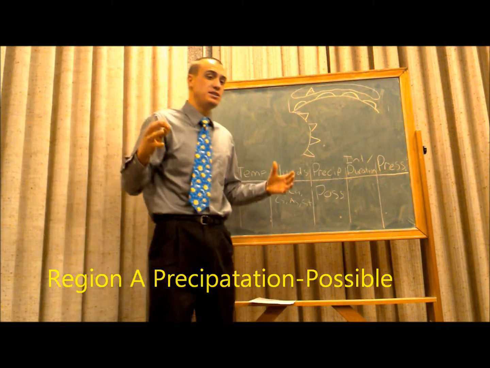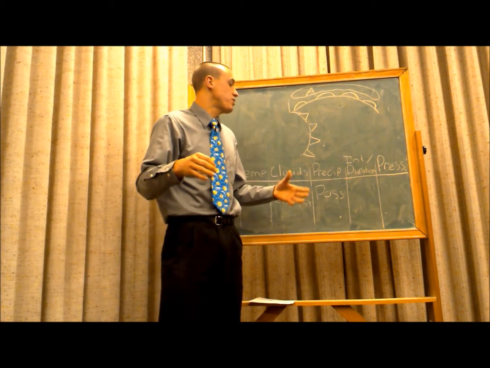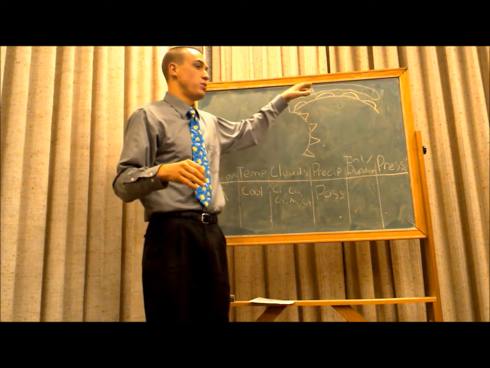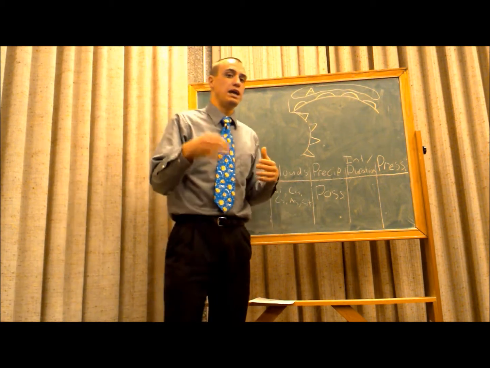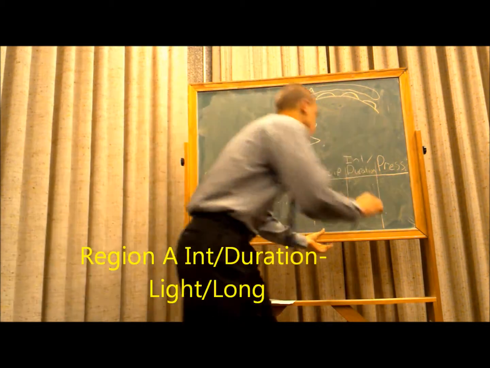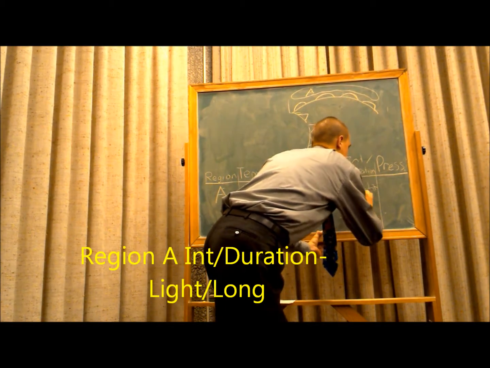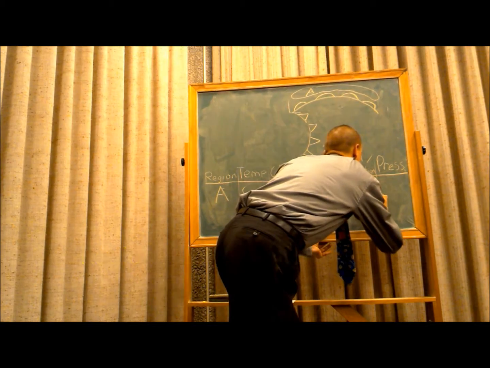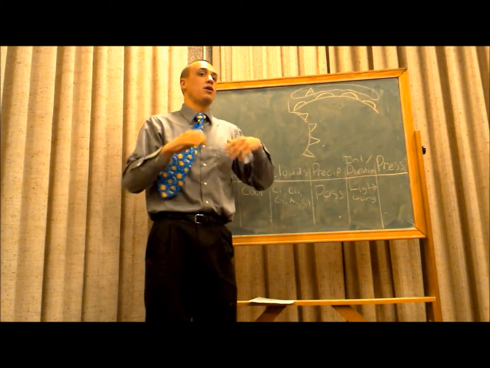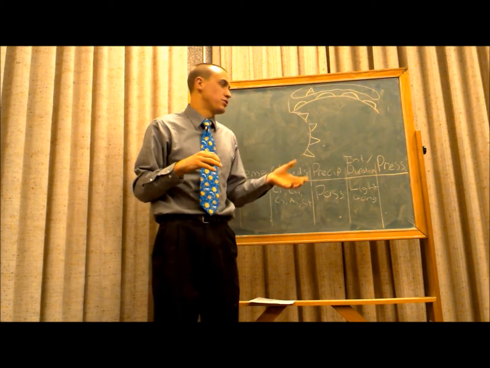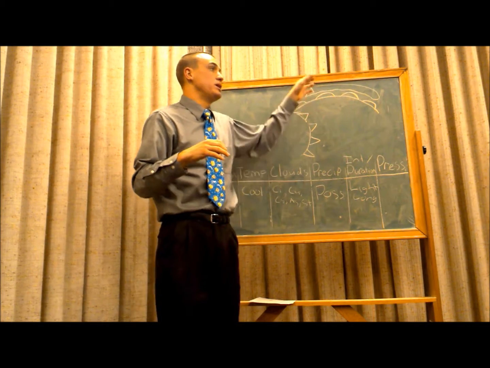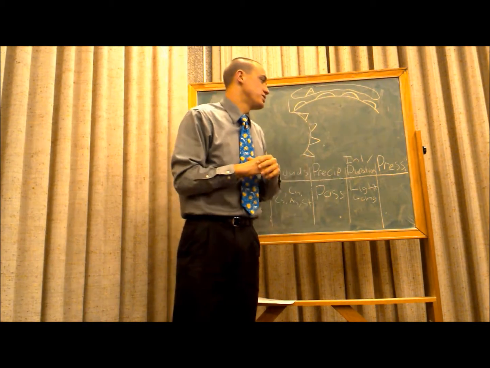Now, the intensity and duration of this region's rain would be light and long. And this would be in the form of pop-up showers and other sporadic showers that may occur throughout the day. This also is a drizzling rain if it does occur.